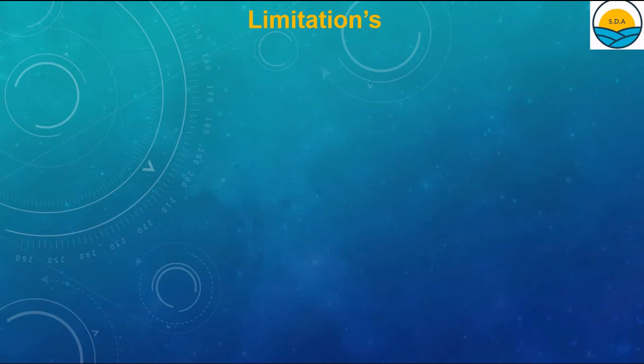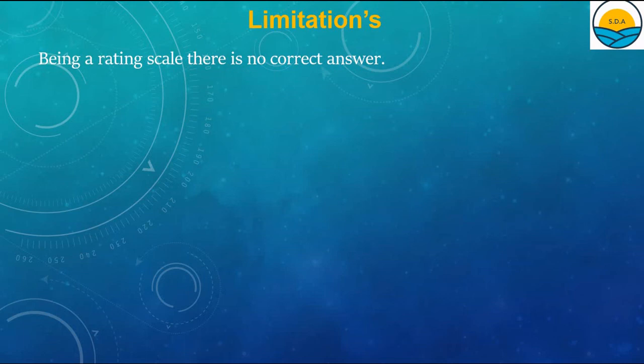However, semantic differential scale is very widely used and is considered to be very useful by the researchers, but it is not free from its own limitations. So let us see what are the limitations of semantic differential scale. One limitation is that being a rating scale, there is no correct answer from the respondent.